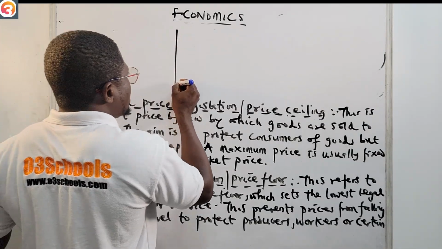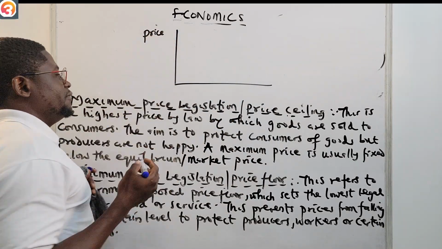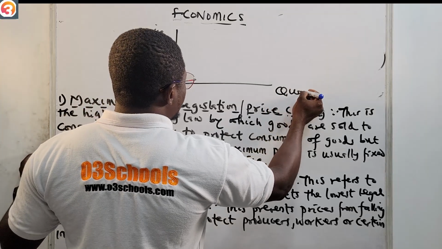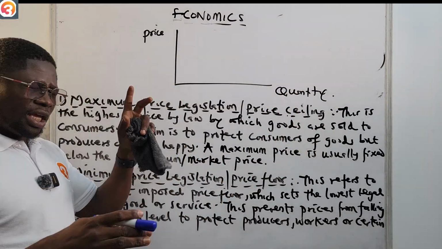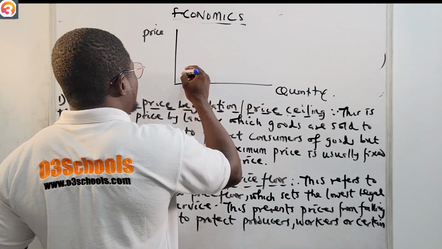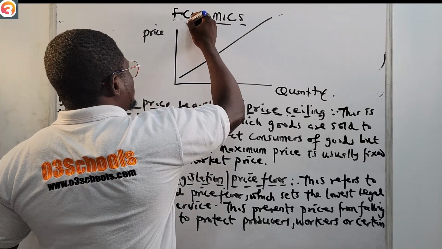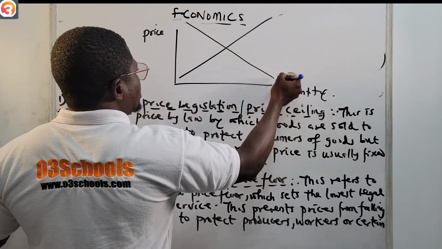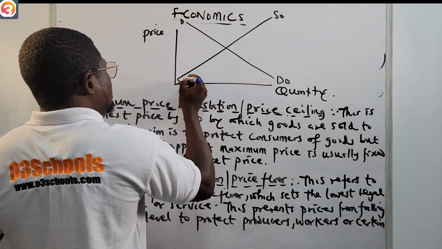If this is our graph, here we have our price on the vertical y-axis, and here we have our quantity. The interplay of forces between demand and supply comes here. Our supply curve slopes upwards, while the demand curve slopes downwards.